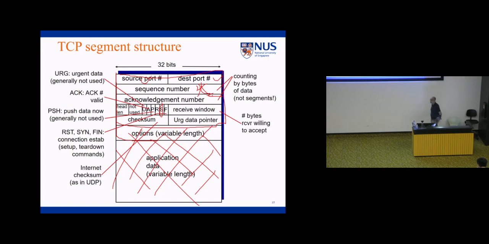So it tells the receiver that whatever I put in the acknowledgement number, it's garbage. It has no meaning. Okay? So your SYN packet will be 20 bytes from the TCP side. And the SYN bit will be set to 1. We'll put the sequence number. ACK will be 0. A bit will be 0.